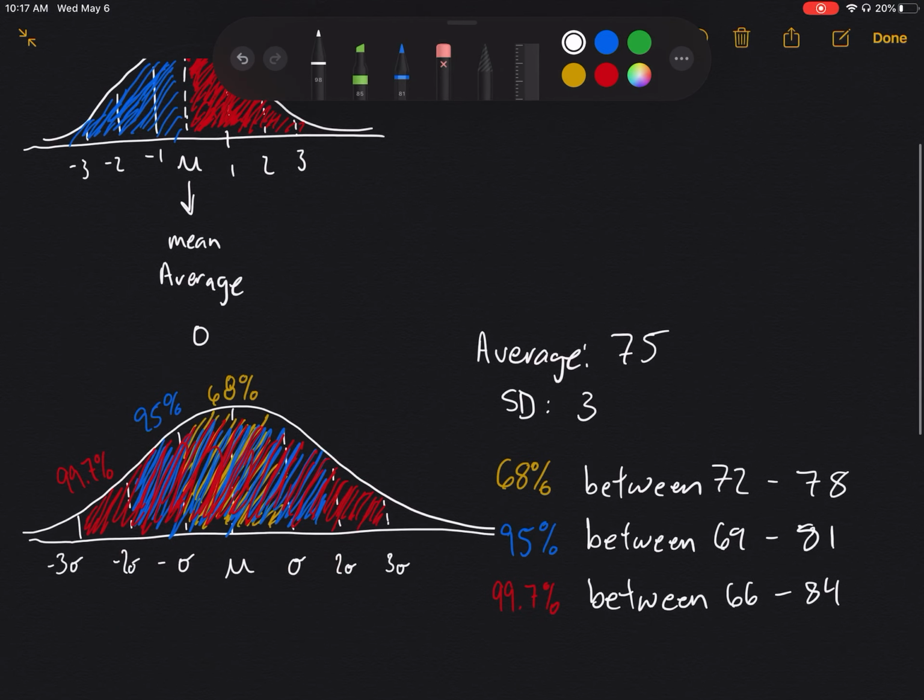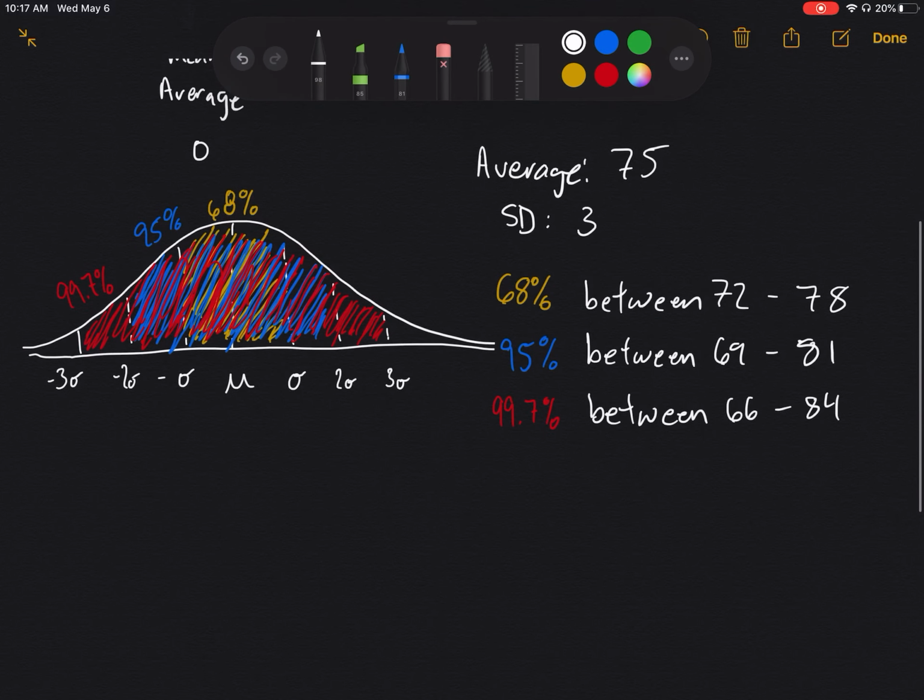Okay. Now this is all well and good, except now it's a little bit strange. What if I'm not exactly one standard deviation? What if I'm right here? Slightly more or less than one standard deviation, but I'm still higher than the mean.